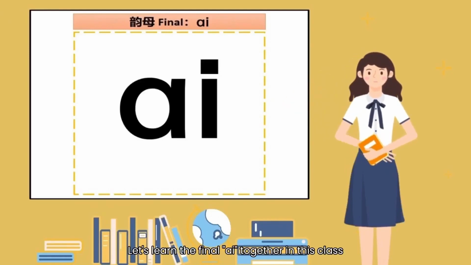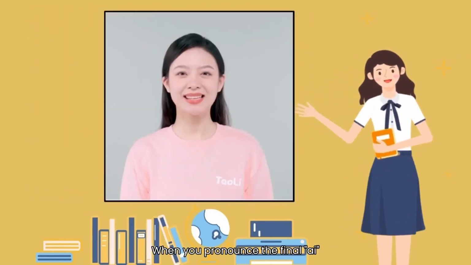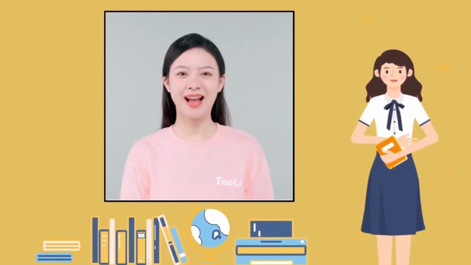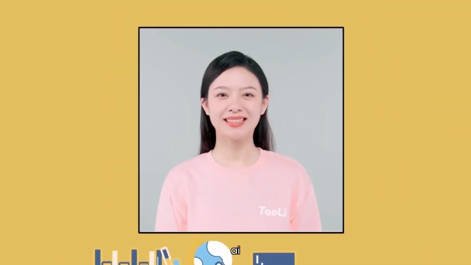Let's learn the final ai together in this class. When you pronounce the final ai, pronounce A first and pull your tongue forward. Then pronounce I quickly without gap. Ai.